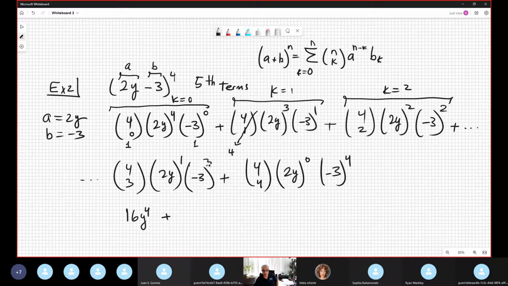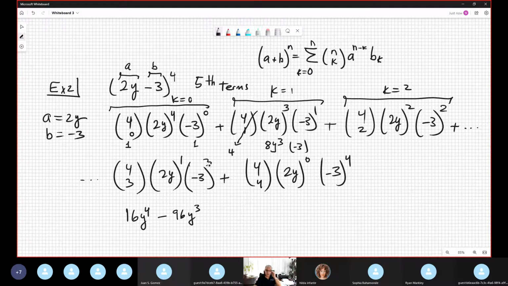You can see in the Pascal triangle, or using the calculator, or using the formula. And this is 2 to the cubic power, gets 8y. And this is negative 3. And you multiply 4 times 8 gets 32, times negative 3 gets minus 96 y cubed.